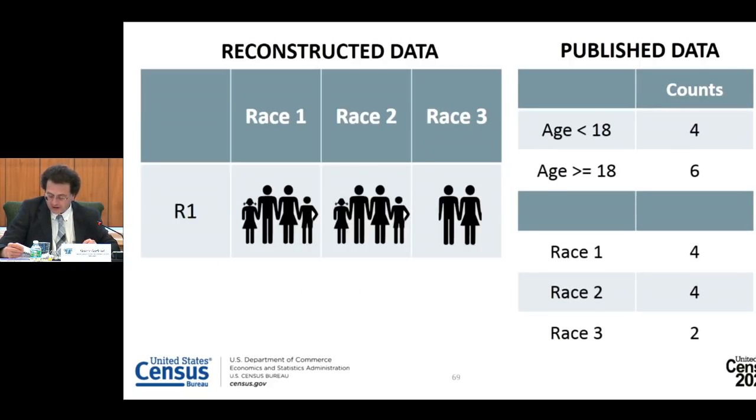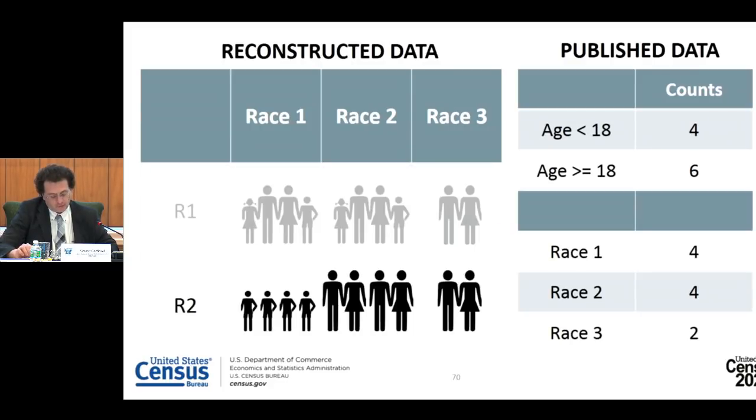So these published data might be the result of having 2 children and 2 adults of race 1, 2 children and 2 adults of race 2, and 2 adults of race 3. Alternatively, there might be 4 children of race 1, 4 adults of race 2, and 2 adults of race 3.